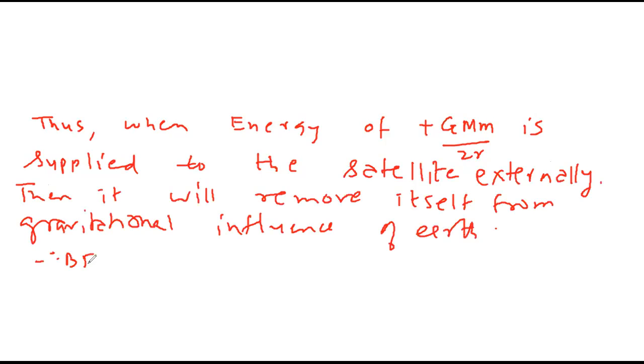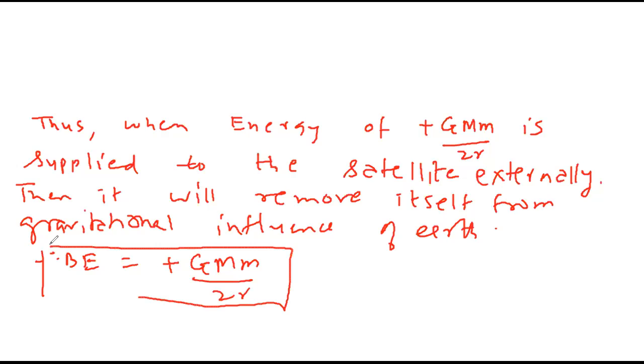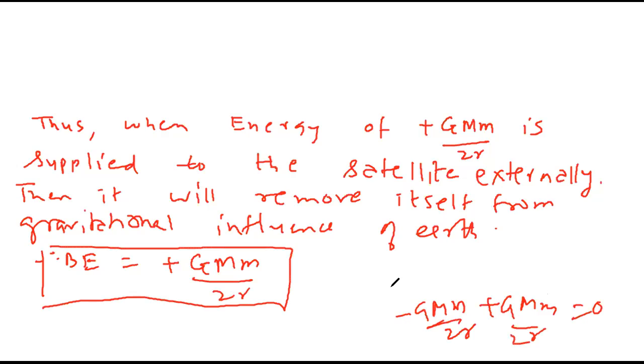Therefore, binding energy is plus GMm upon 2R. So total energy we got was minus GMm upon 2R. If I give plus GMm upon 2R, then it will liberate itself because the total will become 0. Okay?